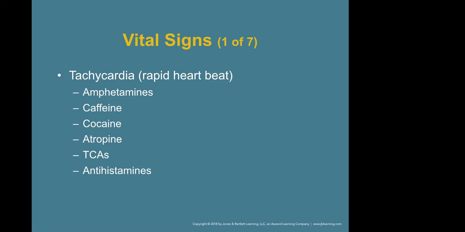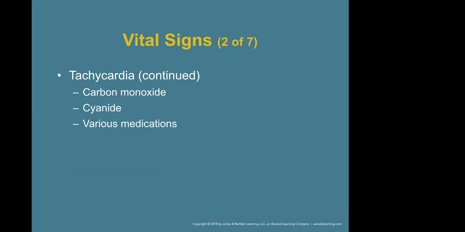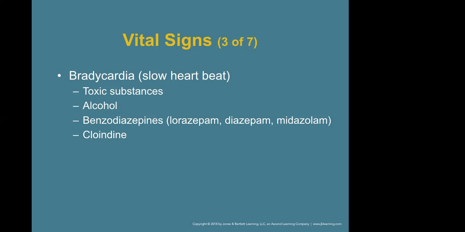I do promise you it is a possibility. If you're striving for that, keep going. It takes a while. Cocaine, atropine, TCAs, and antihistamines. Tachycardia, of course, with carbon monoxide, cyanide, and any various medications you're going to see prescribed that increase heart rate.